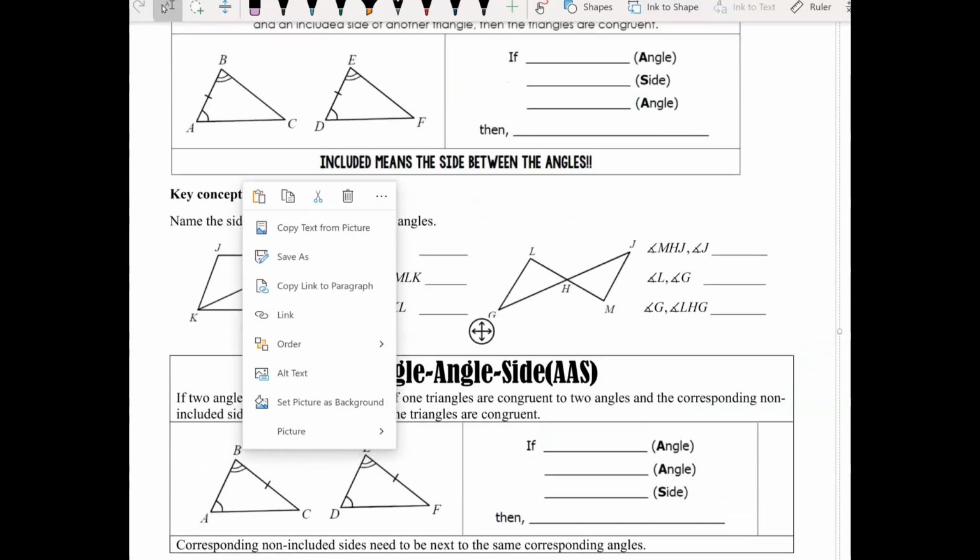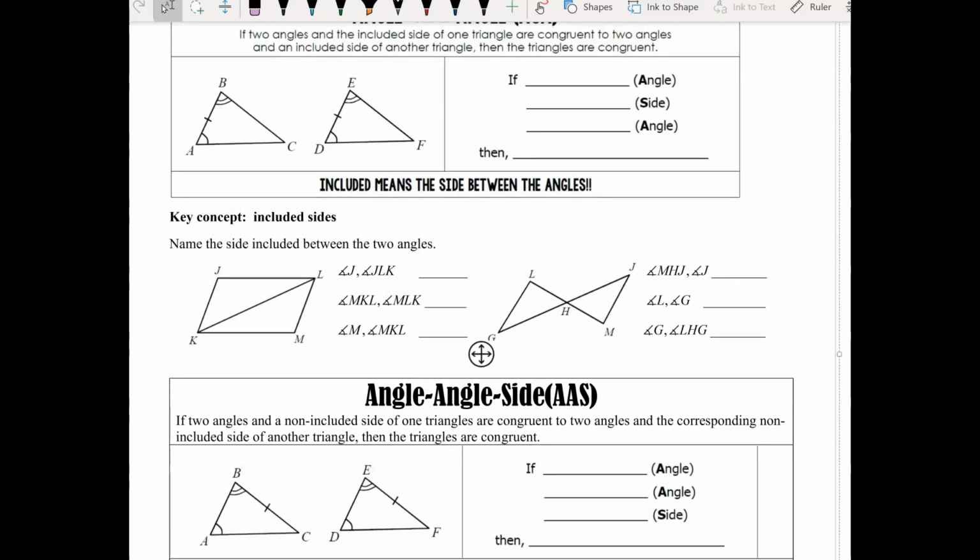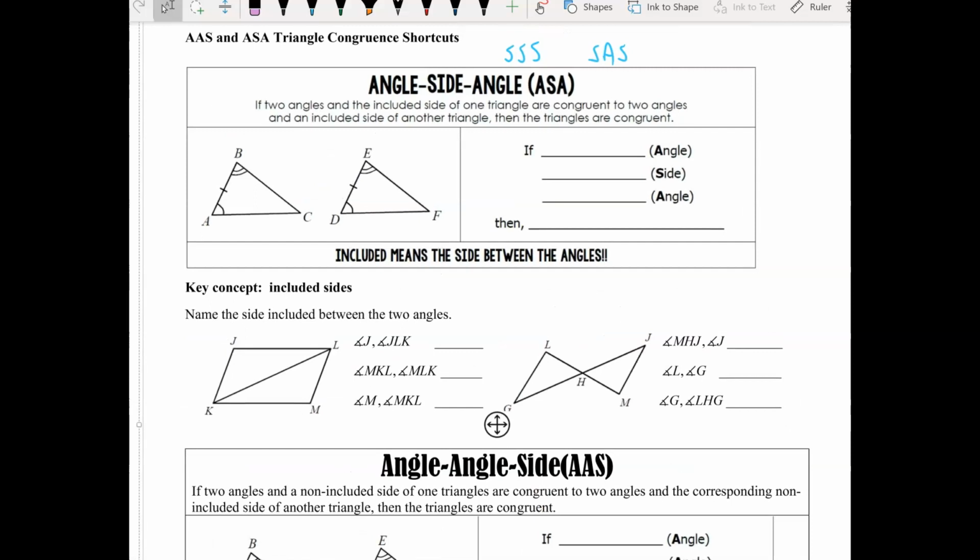All right, so let's look at the meaning of the first one. If two angles and the included side, that's the one that's between the two angles, are congruent to two angles and an included side of another triangle, then the triangles are congruent.